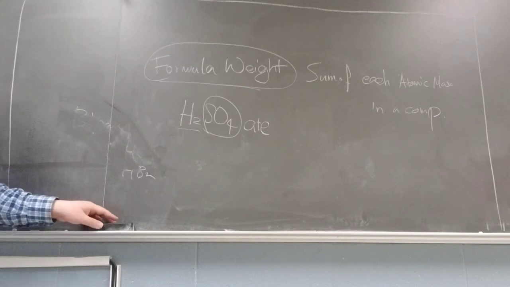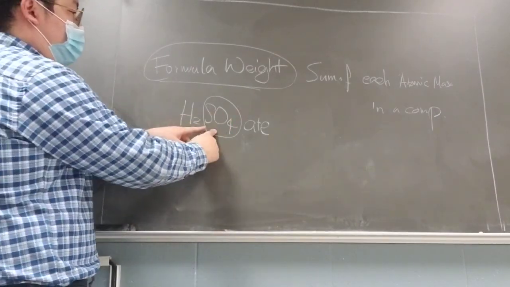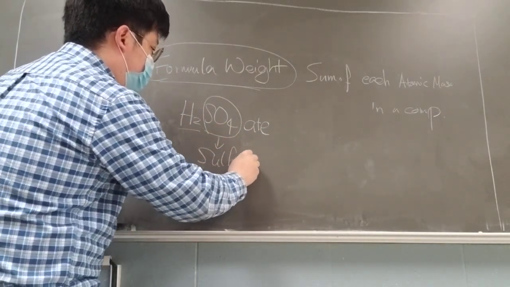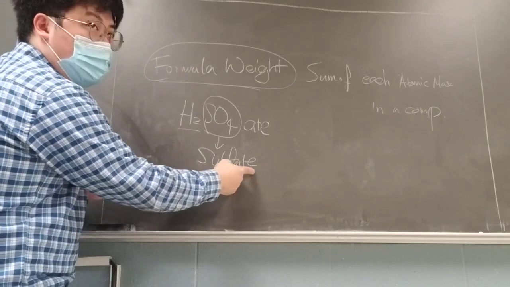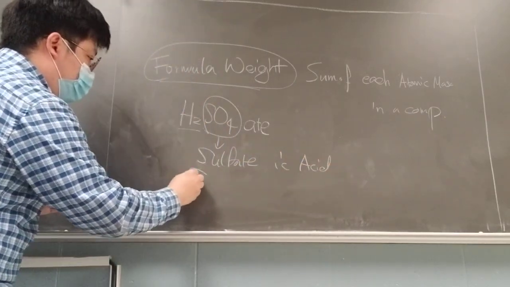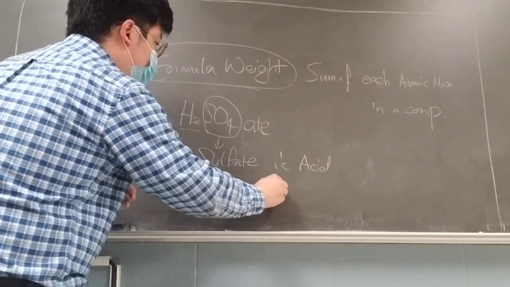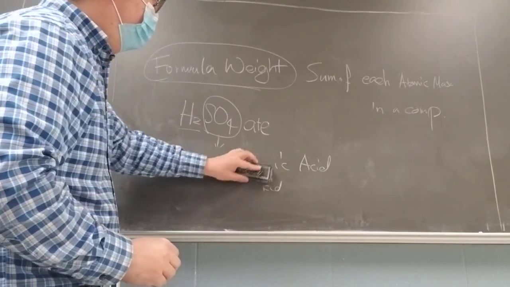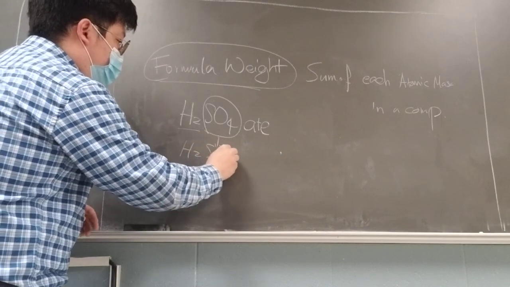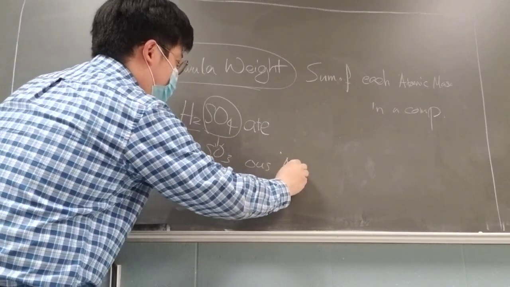Perfect. That's absolutely right. So in this case, you don't have to do hydro, but just this is a sulfate. Very nice. And we just change this ATE to IC acid. And then we're going to just call this sulfuric acid here. So if that is SO3, that'll be sulfurous, yes, perfect.